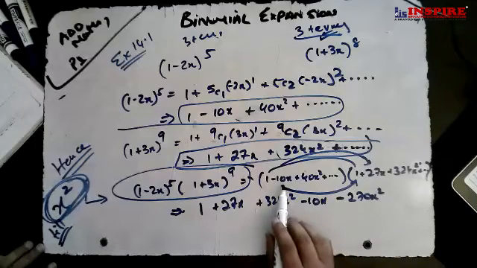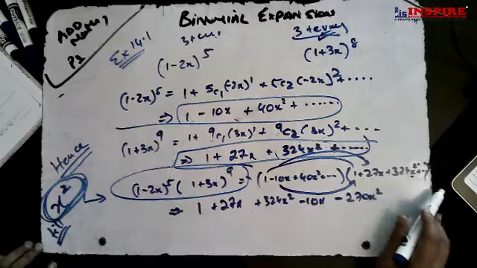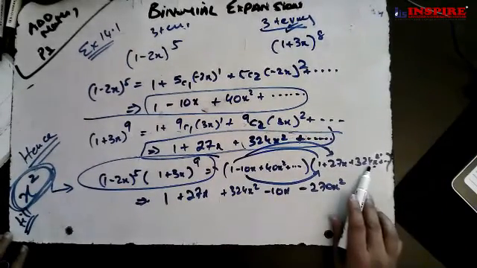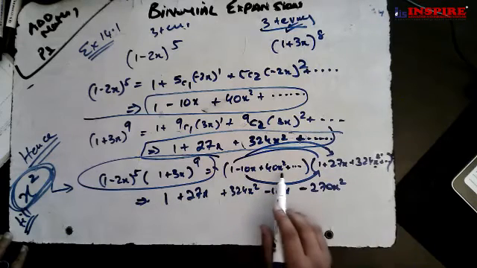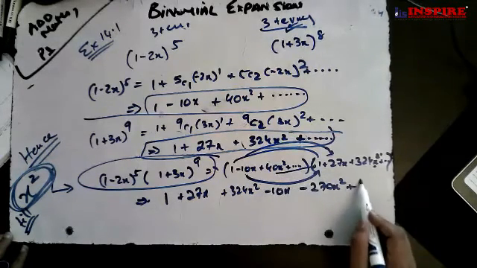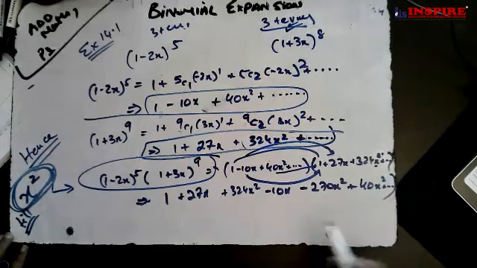Ignore the others, because if I multiply minus 10x with x squared, x cubed will come. Myra, stay with me. If I multiply minus 10x with 324x squared, x cubed will come. I don't need that. And the last one is 40x squared multiplied by 1 is 40x squared. Plus dot dot dot, leave it.